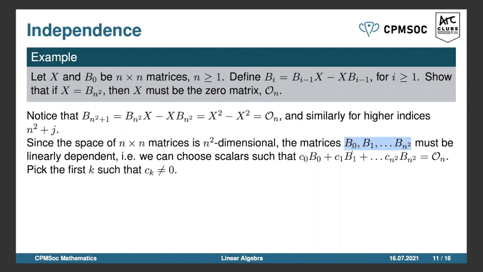So there's some linear combination of them that's the 0 vector, or in this case, the 0 matrix, and not all of these coefficients are 0. So we'll pick the first one where the coefficient isn't 0, and move it over to the other side. So we can write this non-zero scalar times the matrix times minus 1 as a linear combination of the rest of them.